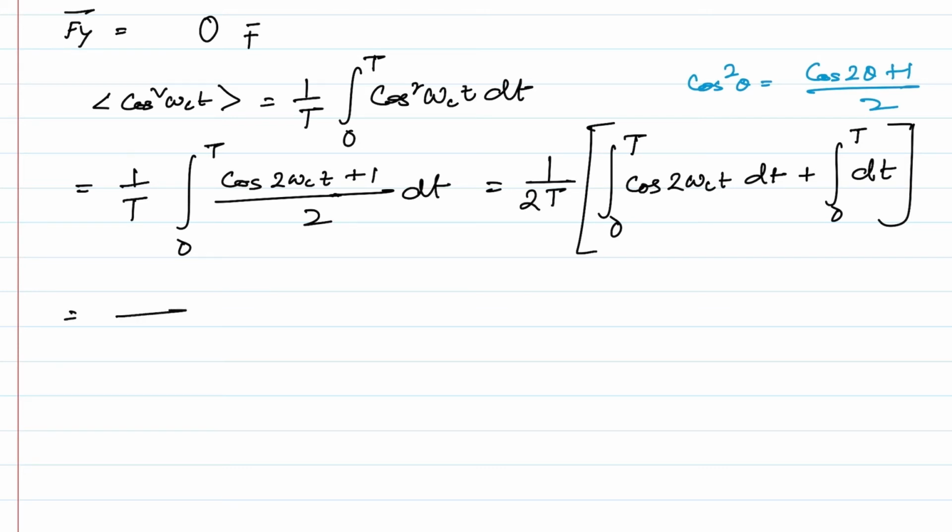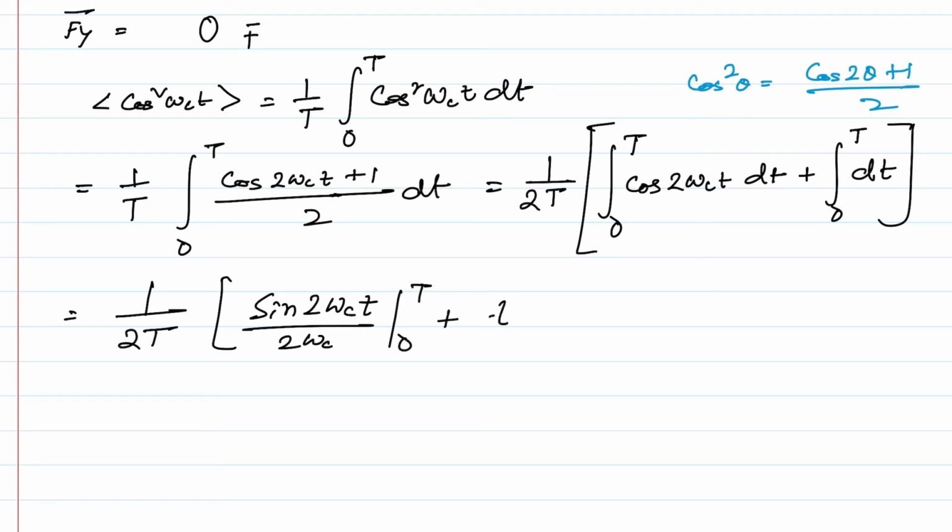So now let us integrate. We will get sine 2 omega c t by twice omega c from 0 to capital T, and plus here the integration of dt is t from 0 to capital T.